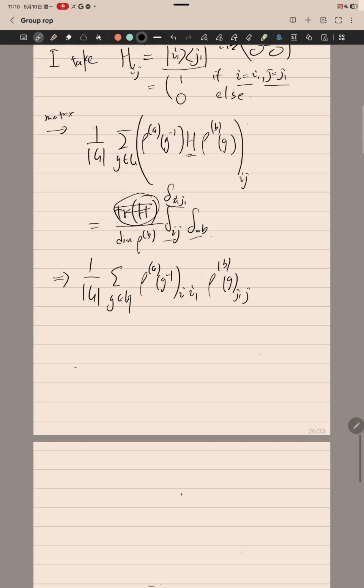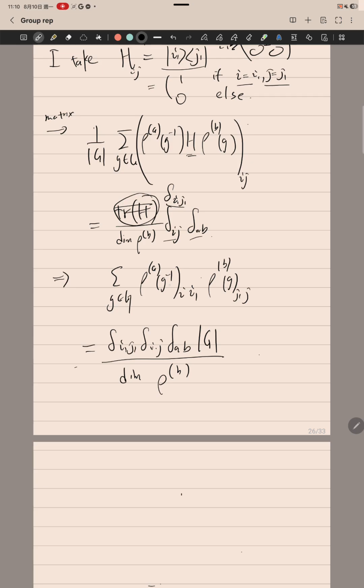Okay, good. Now fine, yeah. So this indeed finishes your proof. Okay. So we just write down delta I1 J1 delta Ij delta AB divided by the dimension of rho B. And let me just remove this and go here.